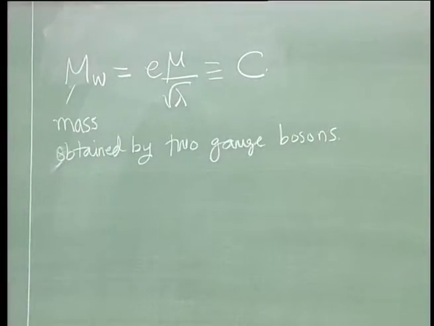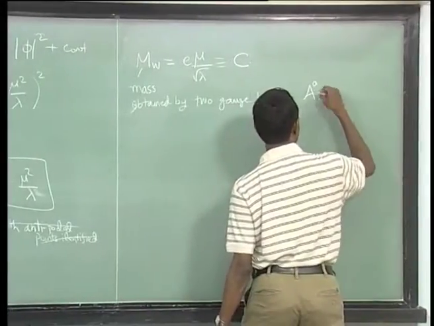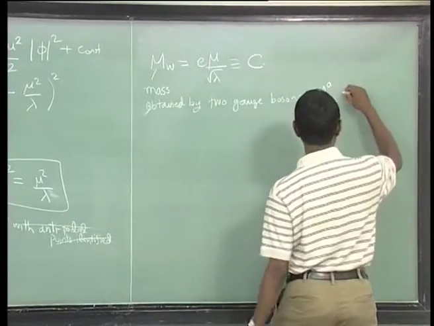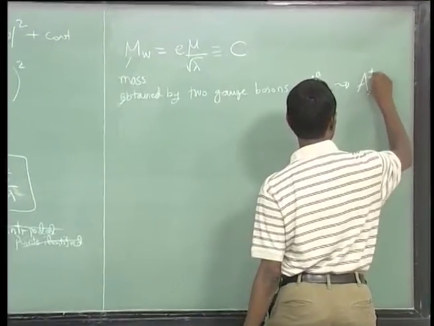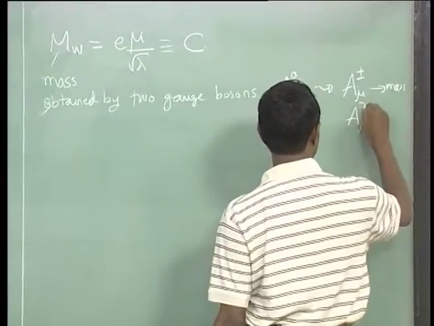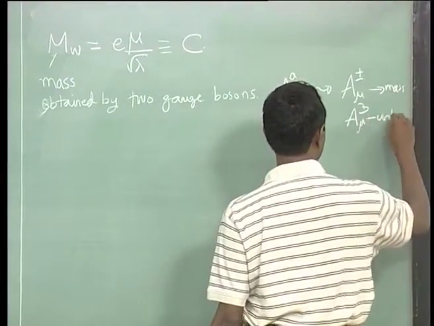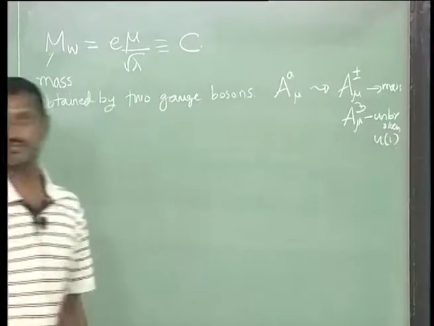Okay. So, if you write the generators as A mu A, if you choose this to be along the Z direction, what you will see is that A mu plus and minus become massive, and A mu 3 is the unbroken U1. Okay.